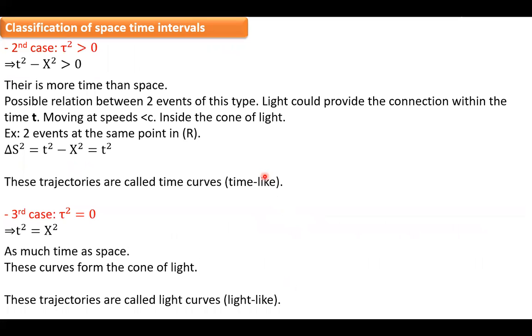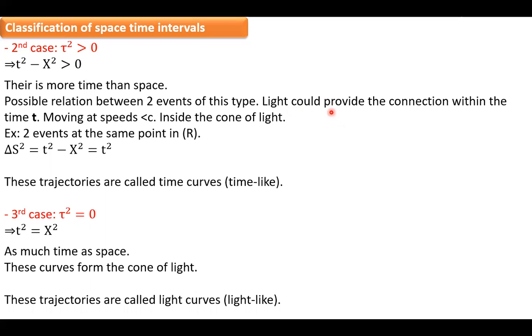If you take a second case where tau squared is bigger than 0, so t squared is bigger than x squared, the total quantity is positive. So you have more time than space. Here you can connect point A and point B either by light or by anything that travels with a speed v.